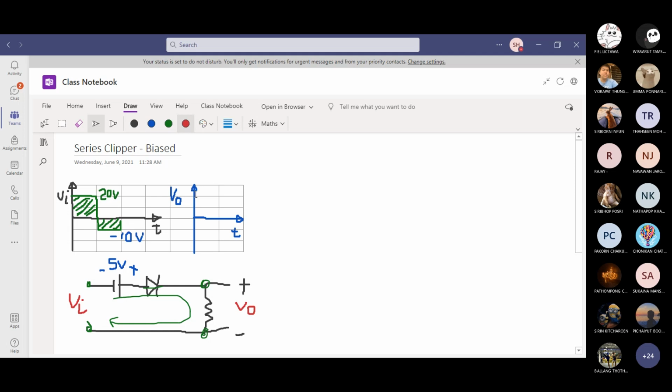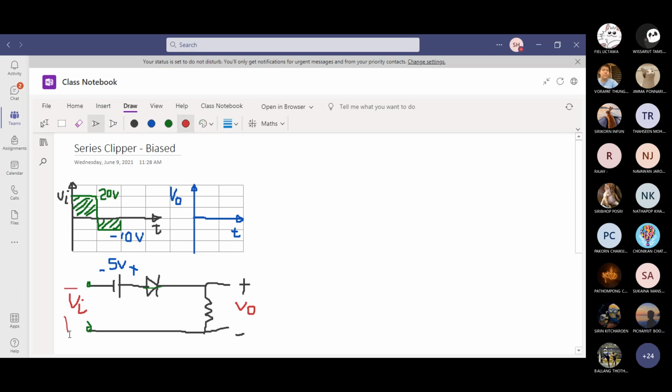Okay. Next person, Pichayut. Yes. Now please consider the negative half cycle. Look at the input voltage at the negative half cycle, minus 10. So now it looks like this.